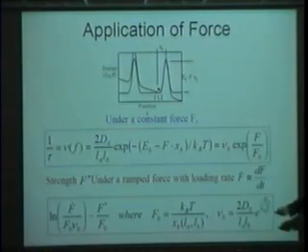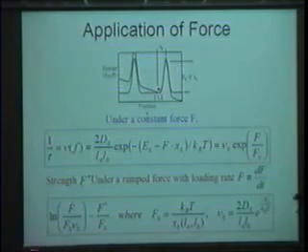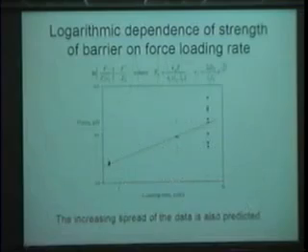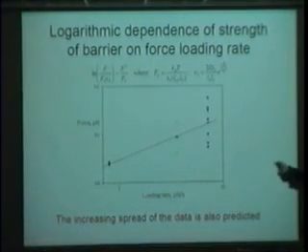And this is the simplified version. There is a much longer one I have, where you get a logarithmic dependence on the rate to the strength that you find when you try to cross these barriers, which of course is this straight line I see here. The increase in the spread of the data is also predicted by this, since it's a thermally activated process.